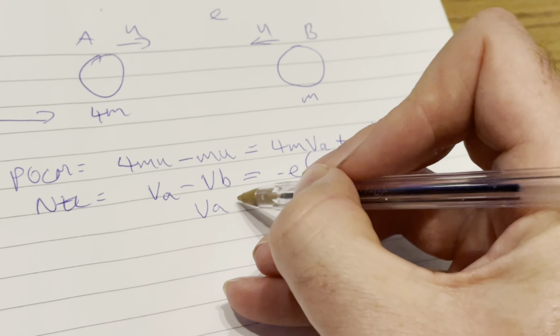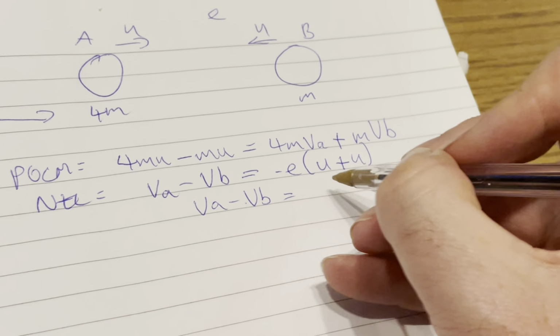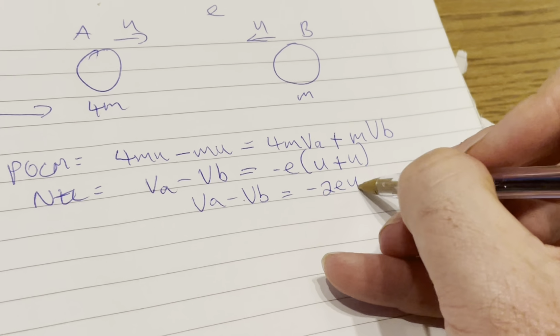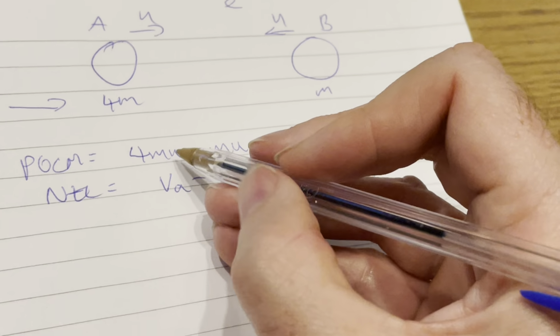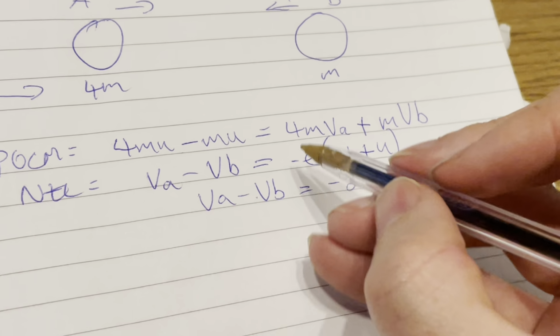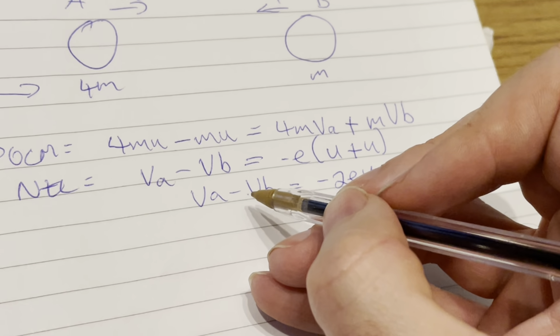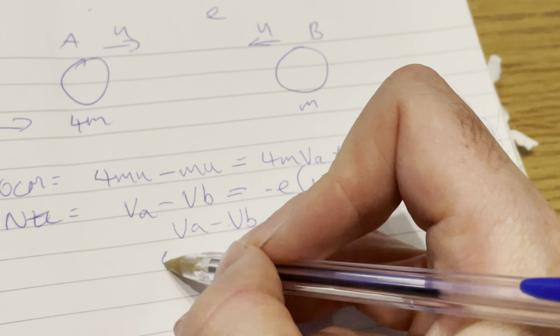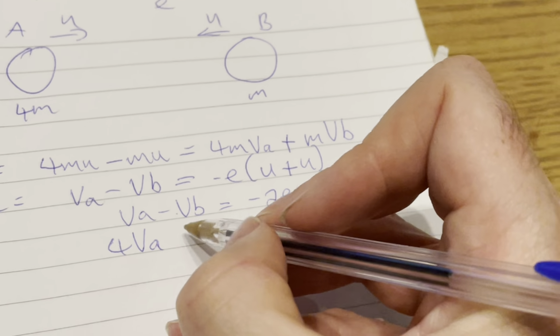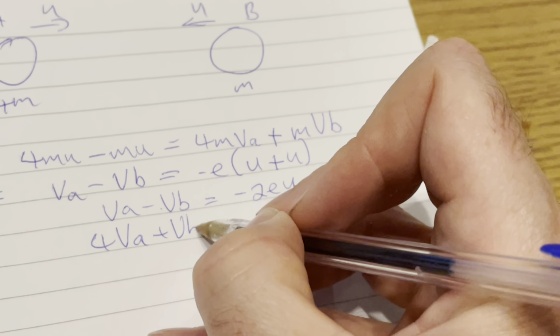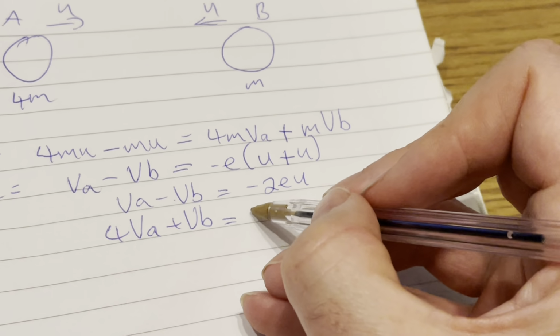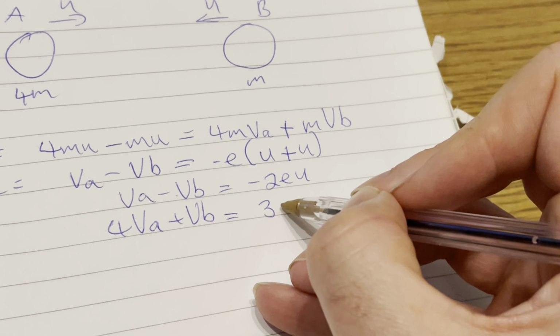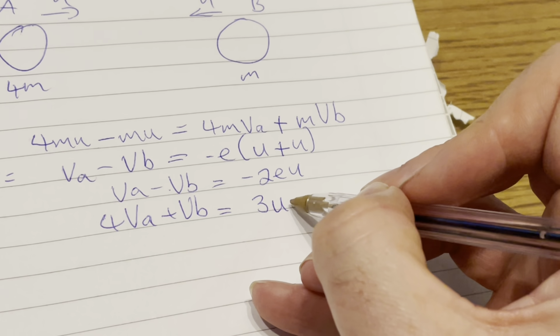So VA minus VB is equal to minus 2eu. And up here, we've got masses cancelling, so we've got 4VA plus VB is equal to 3u.